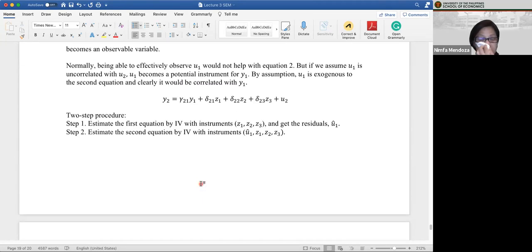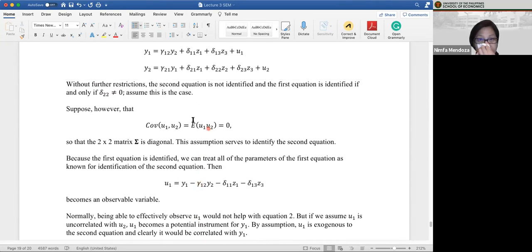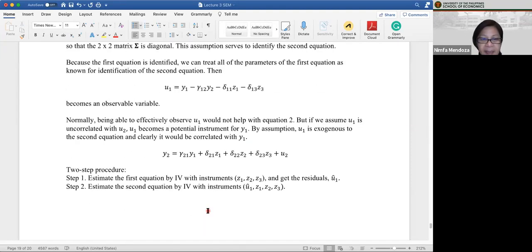And the third condition here is the zero covariance assumption. It is simply this, where I have U sub 1 and U sub 2 as functions of the betas.